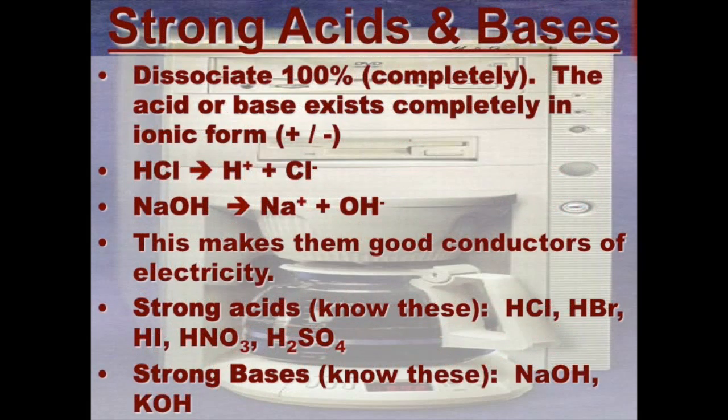You have hydrochloric acid, HCl, and it completely dissociates into hydrogen and chlorine ions. Sodium hydroxide as well completely dissociates into sodium and hydroxide ions. This makes them very good conductors of electricity, and therefore these are strong acids.